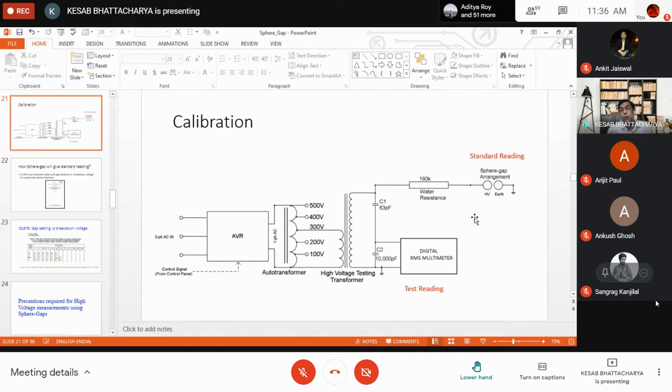And also, there should be some high resistance in the circuit in order to damp out the superimposed high frequency oscillations which appear in the system in the event of breakdown of the gap. Now let me explain two things.